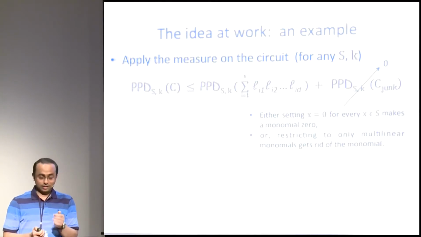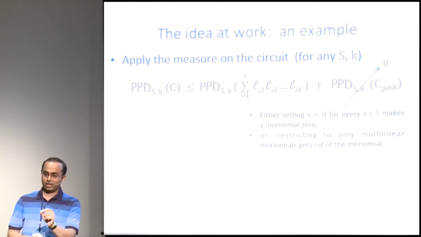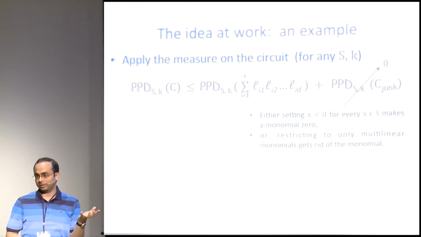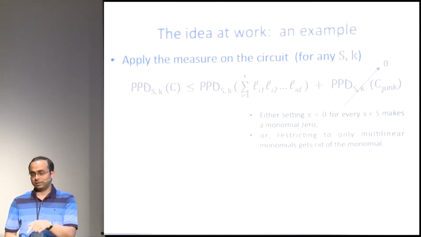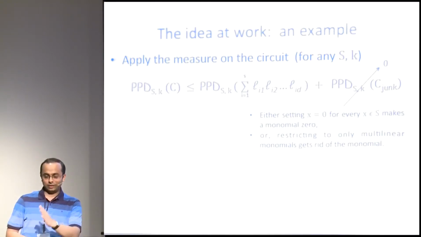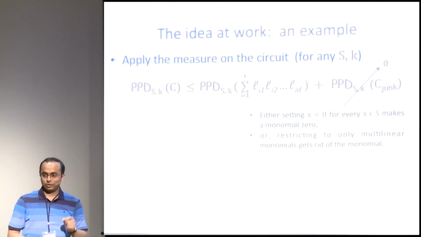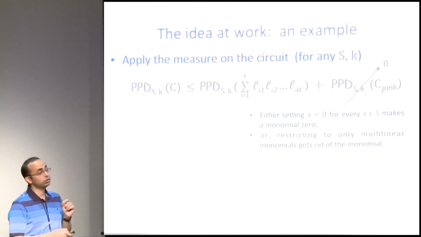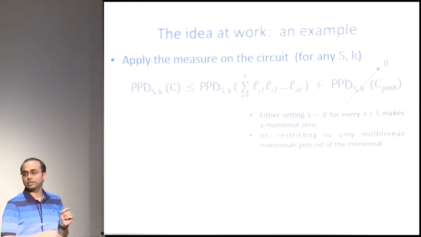On the other hand, suppose C-junc has a monomial which has x squared and x belongs to the set S, because I'm only deriving with respect to S variables. Right? So if it does, then it will only derive once and then set all the x variables to 0. If I only derive x squared once, I'll still have x left, and then it will set x to 0 because x belongs to S. Right? So in either case, whether it belongs to S or not, this measure kills this C-junc part.